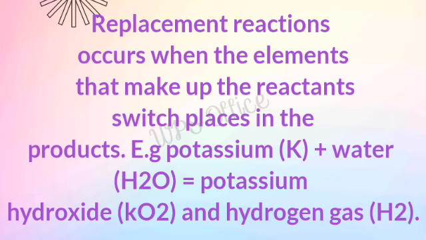For example, potassium mixed with water will give potassium hydroxide (KOH) and hydrogen gas. So potassium and water switch places to give different substances, such as potassium hydroxide and hydrogen gas.